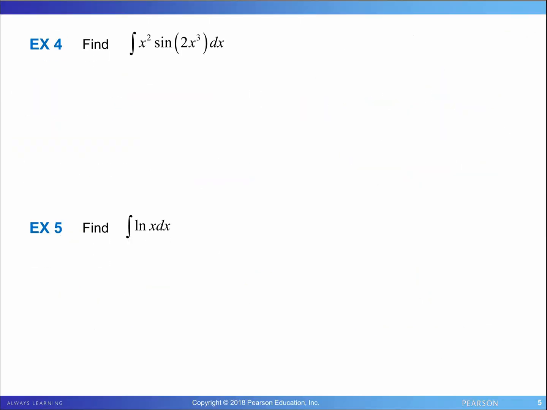In example number 4, we need to integrate x squared times sine of 2x cubed. Once again, we have a product between two different functions. This time it's x squared and sine of 2x cubed.